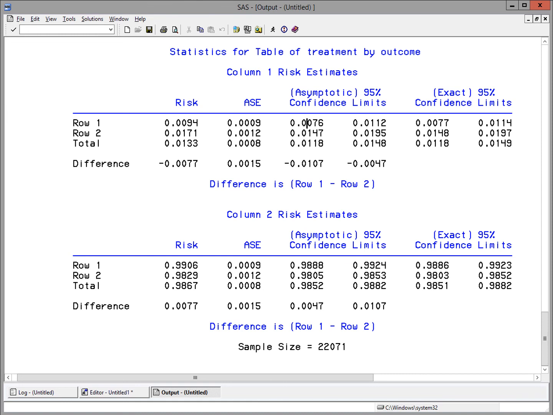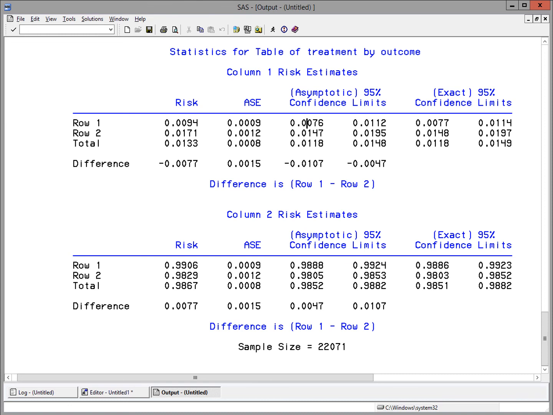Then we go over to the right, and we get a confidence interval for that difference. We can see that that confidence interval does not include 0. And so we would say that the risk of heart attack is significantly different for these two groups. Easy enough?